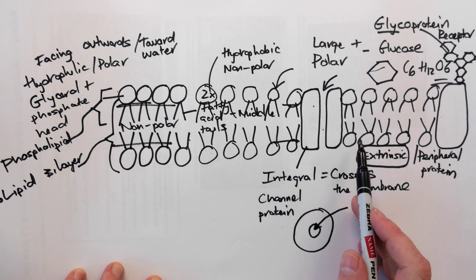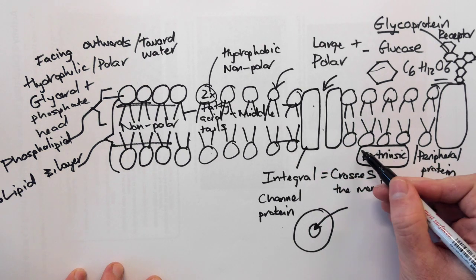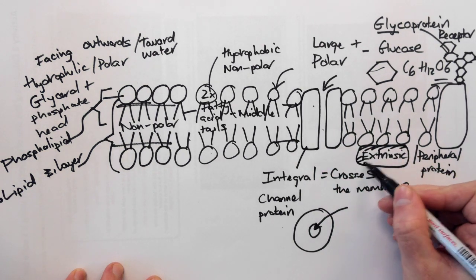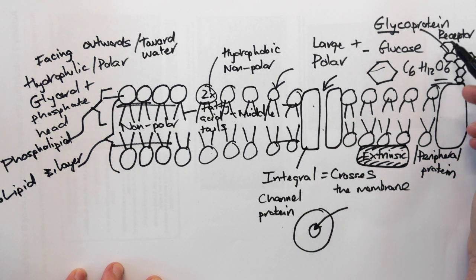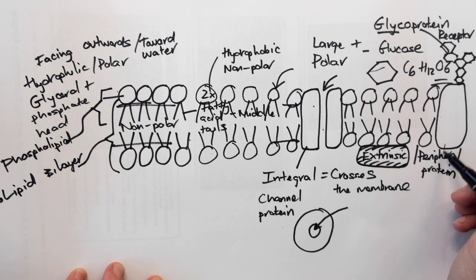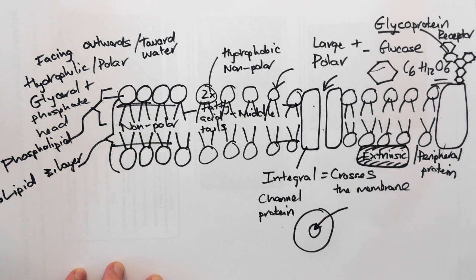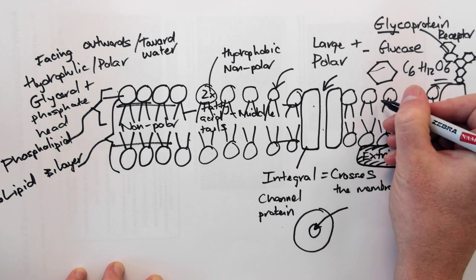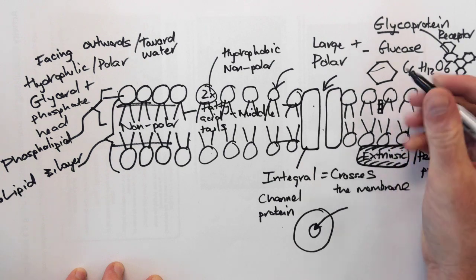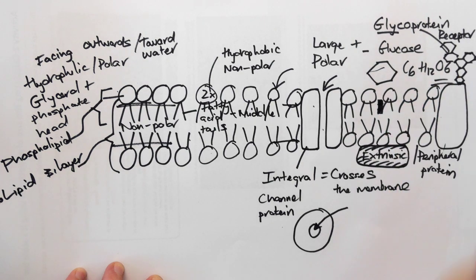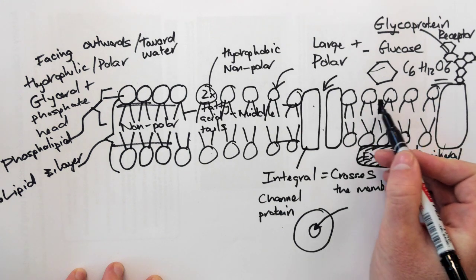Okay, so we've labelled a number of things. We've got our channel protein, we've got an extrinsic protein here that's on one side of the membrane, or a peripheral protein. We have got another, it's integral because it crosses the membrane, but now it's got a glycoprotein on. The final thing that we want to label is that we have another thing which sits in the membrane next to the hydrophobic tails.